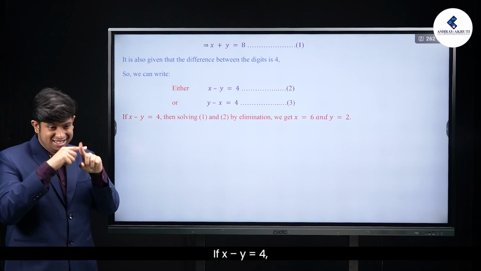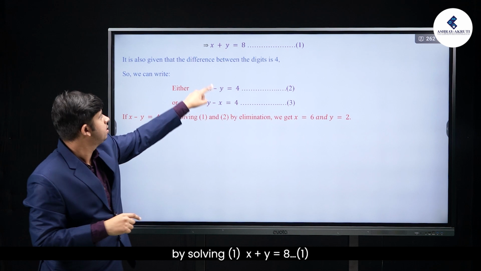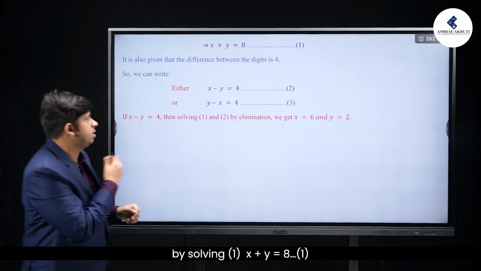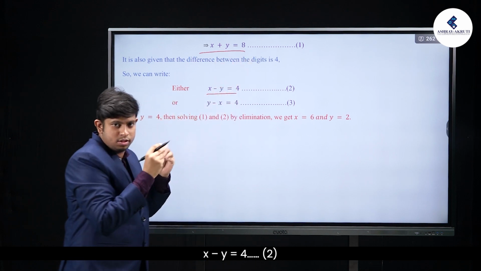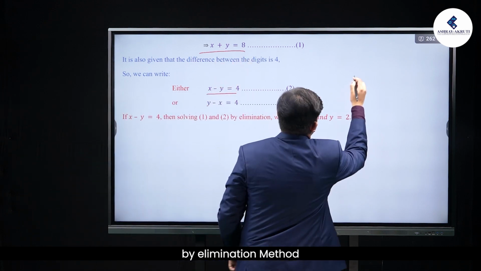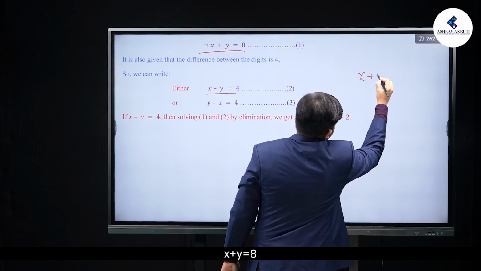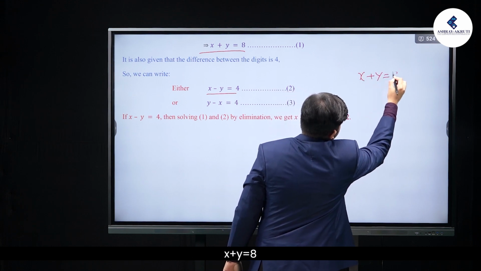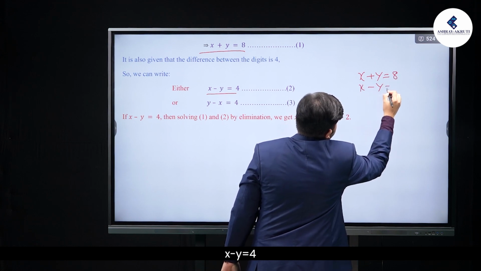If x minus y is equal to 4, by solving equation 1, that is x plus y is equal to 8, and x minus y is equal to 4, by the elimination method: x plus y is equal to 8, x minus y is equal to 4.